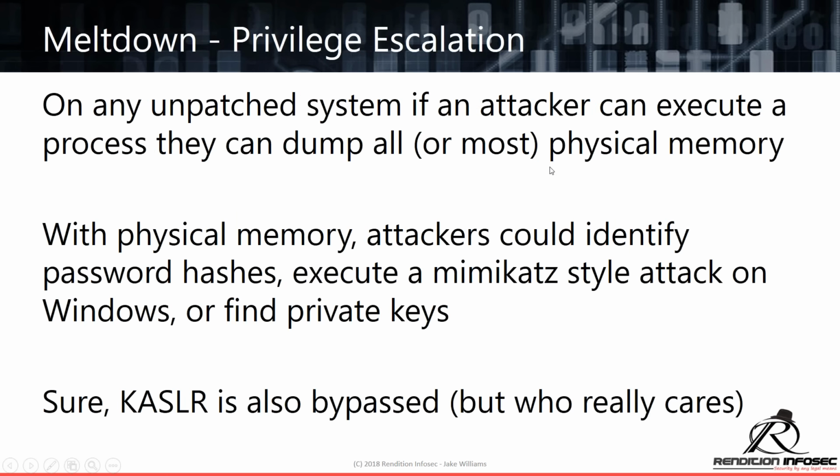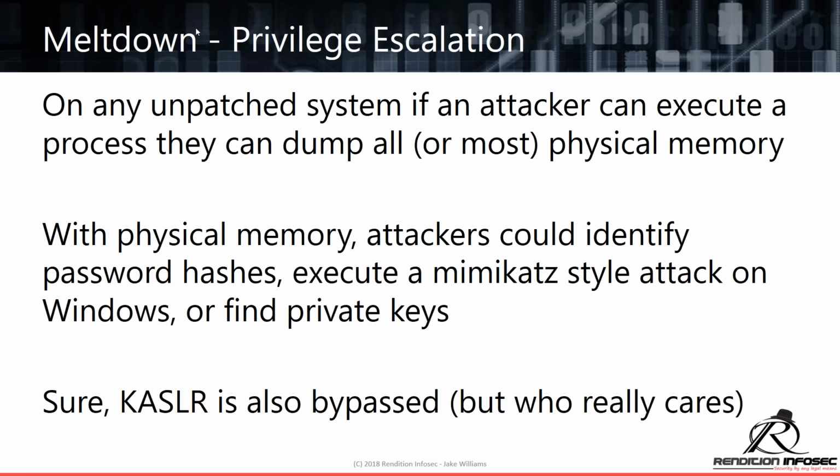So in the case of privilege escalation, picture that your attacker has the ability to execute a process. In the case that they can execute any process, they can dump all or most of physical memory. And with physical memory, attackers could identify password hashes. They could execute a Mimikatz style attack on Windows, or they could find private keys.